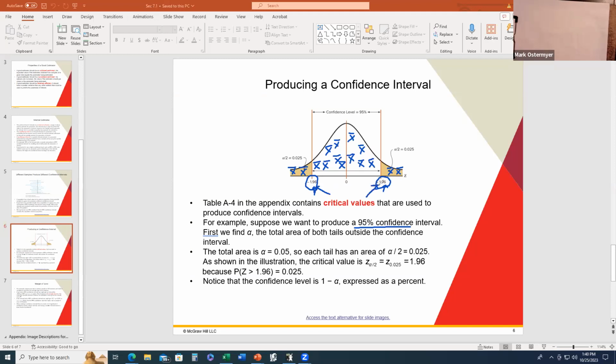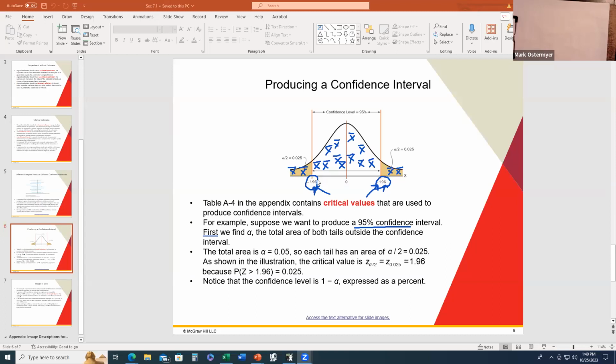And these critical Z values are found by using your inverse norm function on your calculator. So if we build a 95% confidence interval, our critical Z values are going to be negative 1.96 to positive 1.96. If I build a 99% confidence interval, then our critical Z values are going to be about negative 2.58 to positive 2.58.